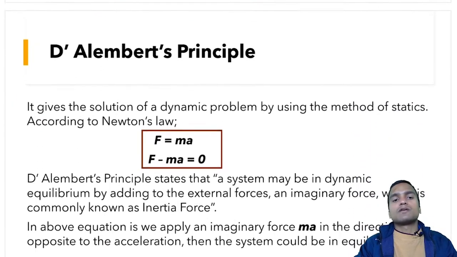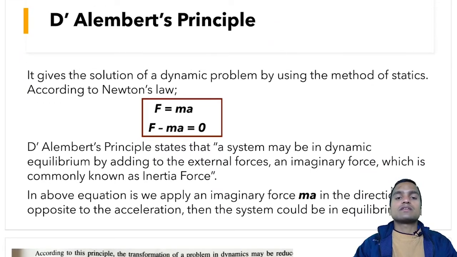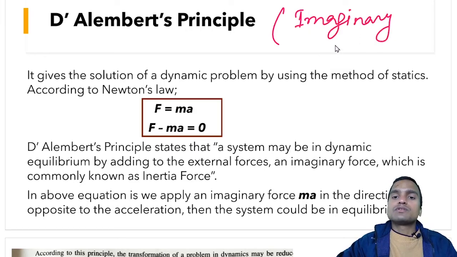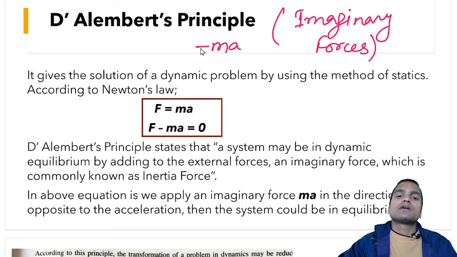Now let us come to the fifth method, that is known as D'Alembert's principle. This is a principle in which we use imaginary forces. So here we use the method of statics by applying imaginary forces. And what are those imaginary forces? Generally they are minus ma. I will tell you this in detail.